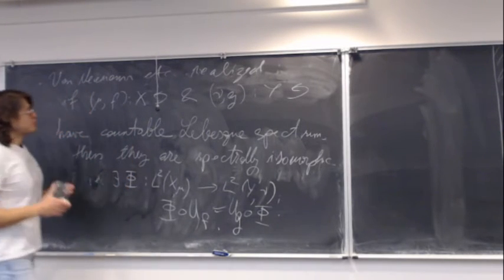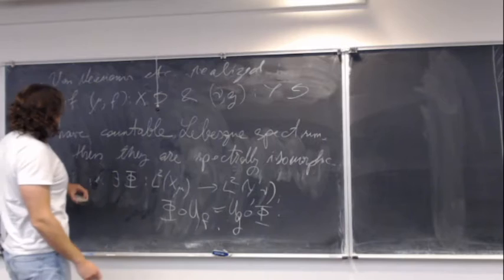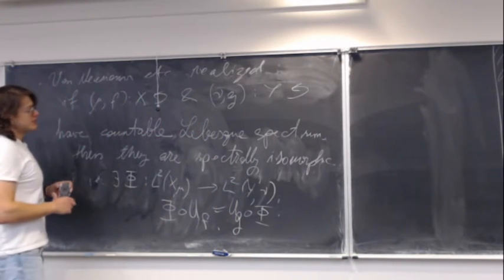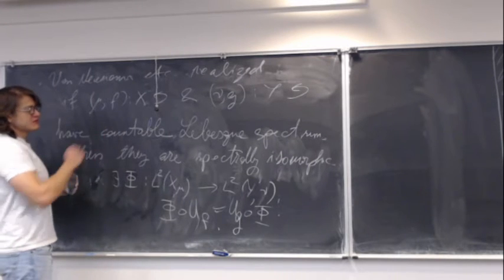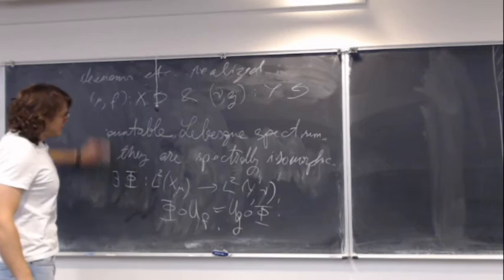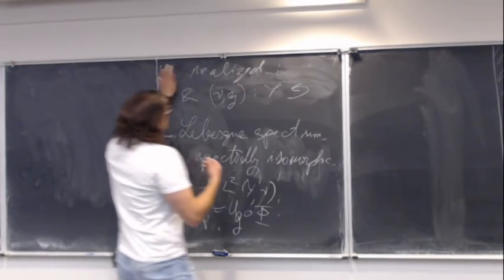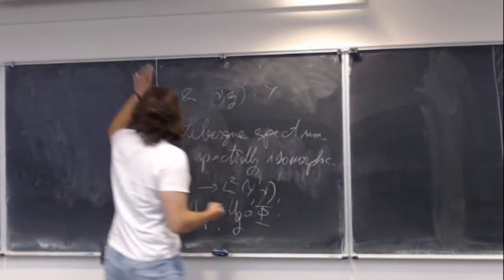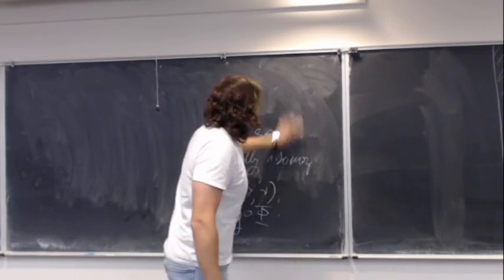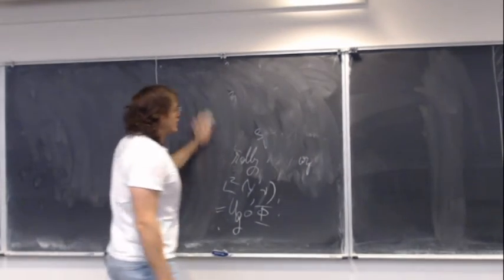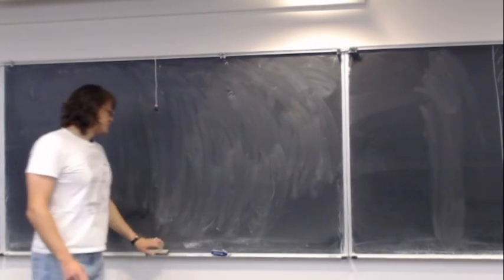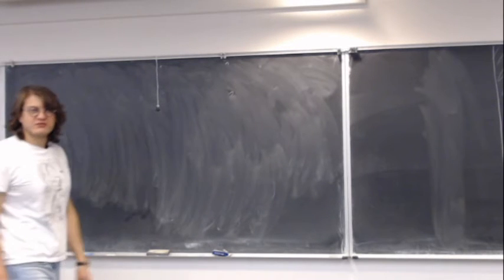The problem with this, or perhaps the genius of von Neumann, was that he realized, and other people realized, that possibly this is not the end of the story. Because they had this inkling that shift systems always have countable Lebesgue spectrum, but quite possibly they are not quite the same system.